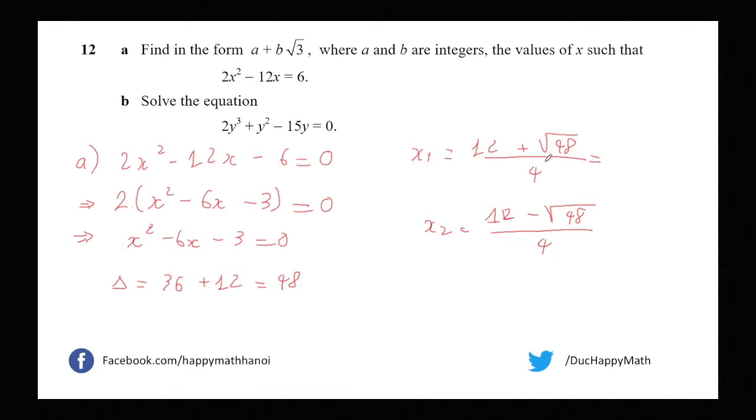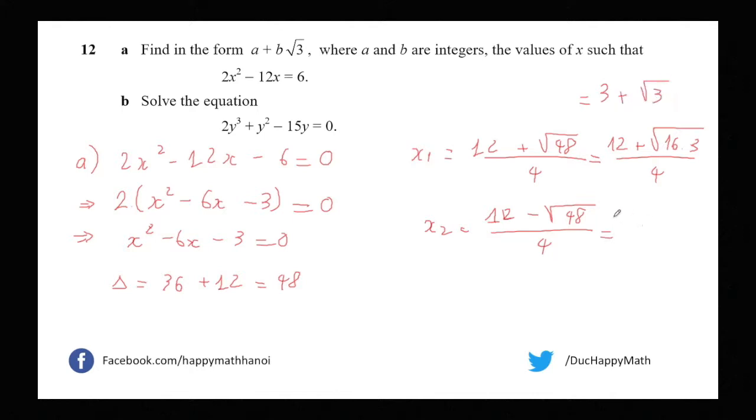And this one can also be divided by 4, because this is 12 plus the square root of 16 times 3, divided by 4, and will be equal to 3 plus the square root of 3.